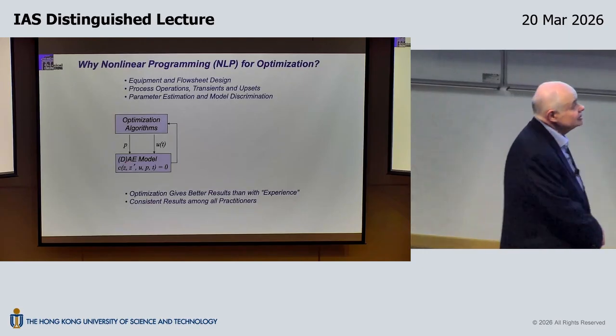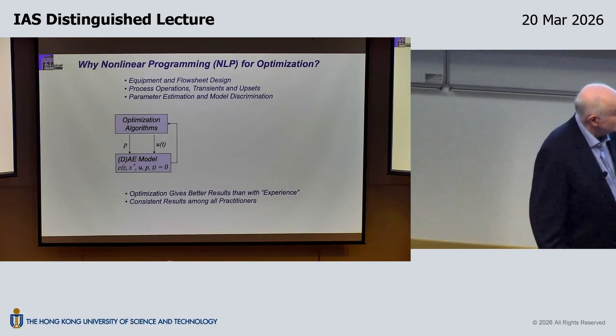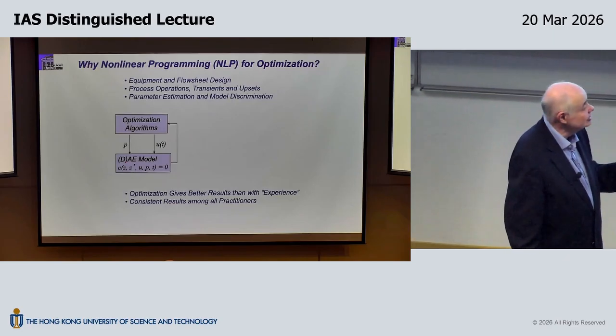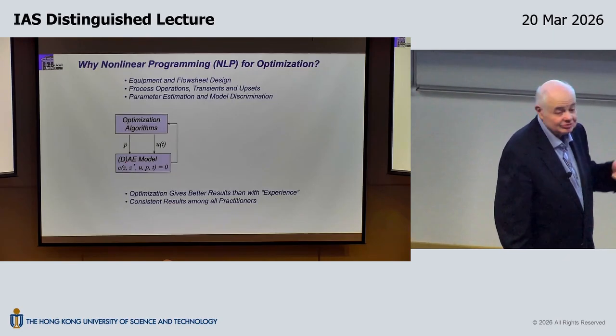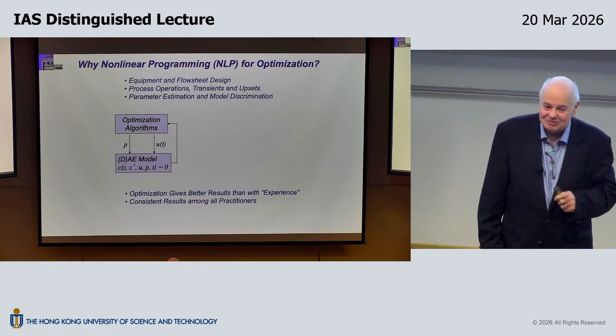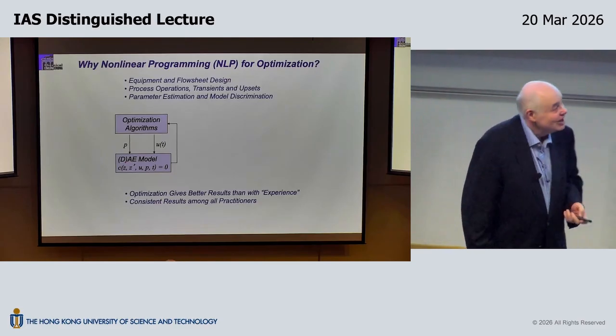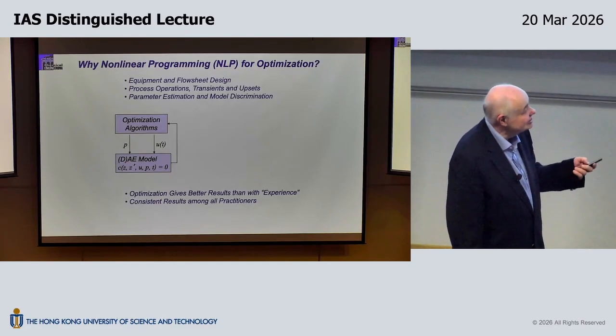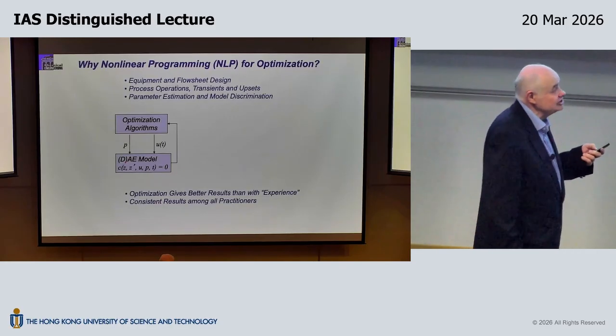Okay, so to get started, what are we doing here? We're starting off and saying, why do we do optimization, and why do we do something called nonlinear programming for optimization? So this is a different NLP than what people usually think about in AI. But nonlinear programming is basically the idea of having nonlinear, continuous variable optimization strategies.